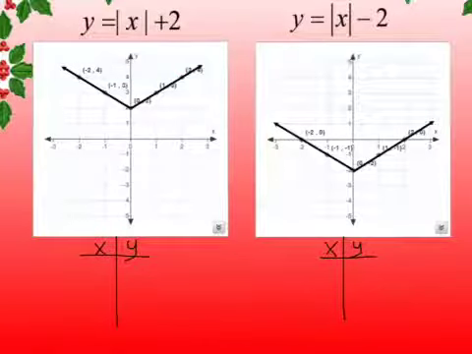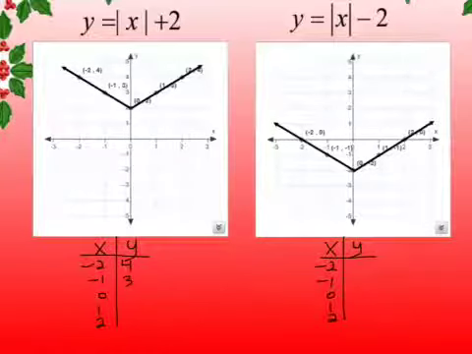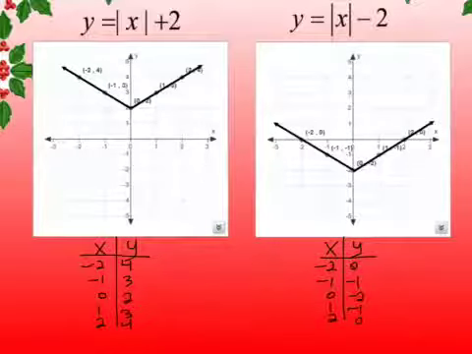Here I labeled the points, but just so that you could see how you would organize it in a table, my x values are -2, -1, 0, 1, and 2 for both of these graphs, just so that we can compare them to each other. And you can see that my y values are 4, 3, 2, 3, 4 in the first, and 0, -1, -2, -1, and 0 in the second.